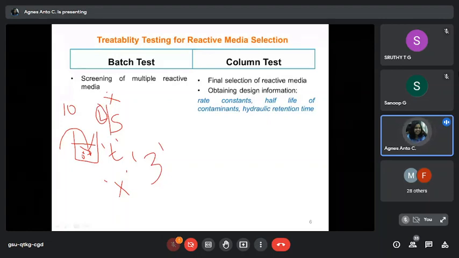In column test, you have a column in which you fill in your material. Then you have an inlet through which you pump in your contaminated liquid, and you have your material arranged in the column.